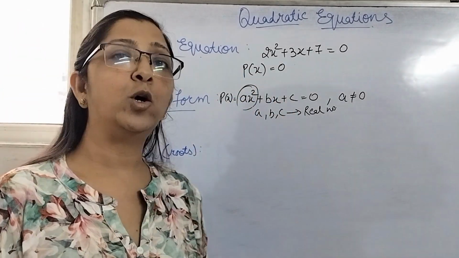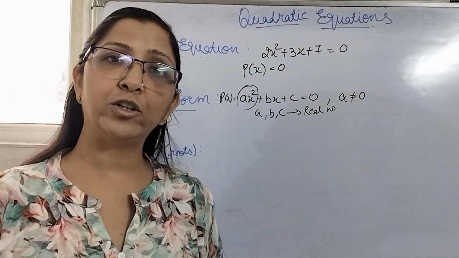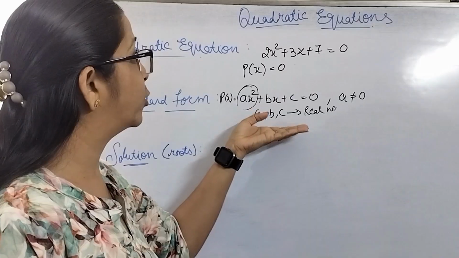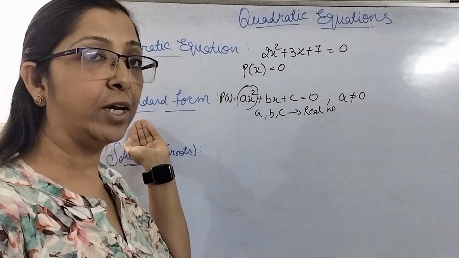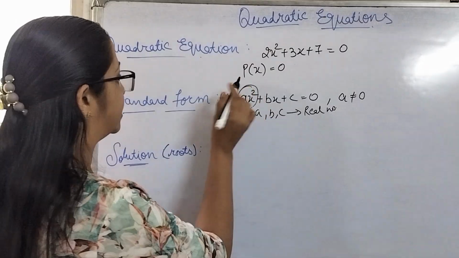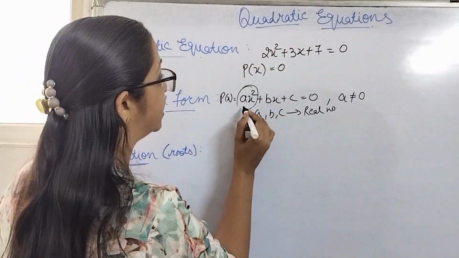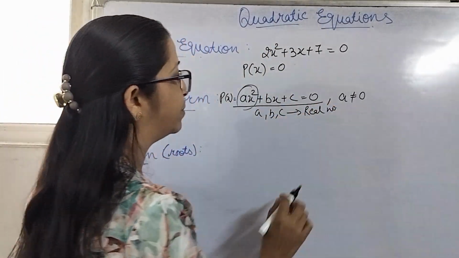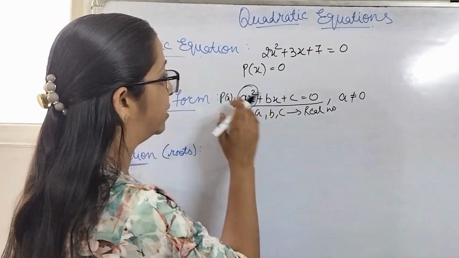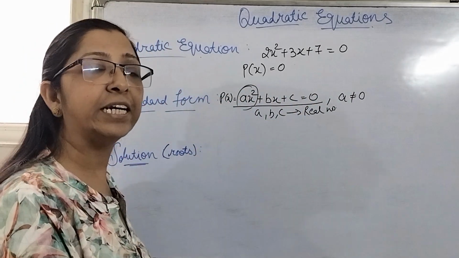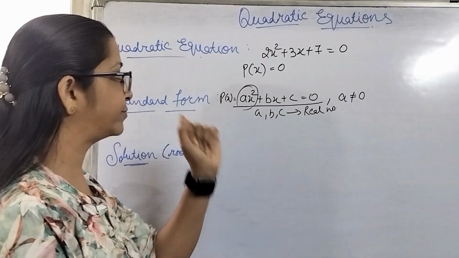Whatever equation we get after arranging the terms in decreasing order of degree is in standard form. So we can say that the standard form of a quadratic equation is ax square plus bx plus c equals 0, because all the terms here are arranged in the descending order of their degree.